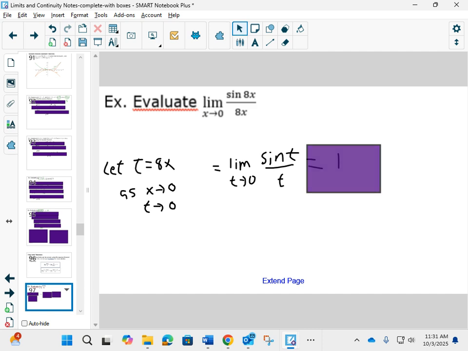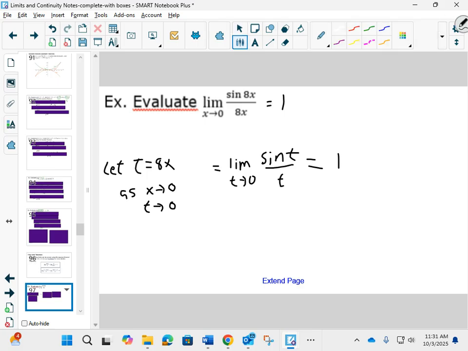And then this is going to equal 1. As a general idea, if you have the limit as something goes to 0, I'm going to represent my something as a green square.